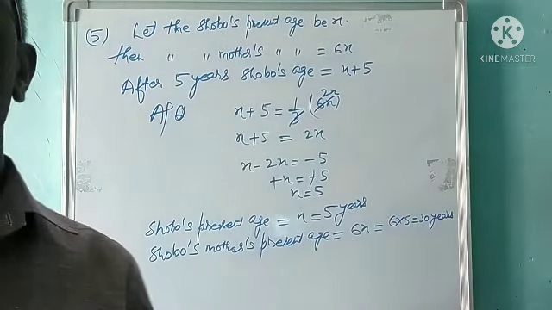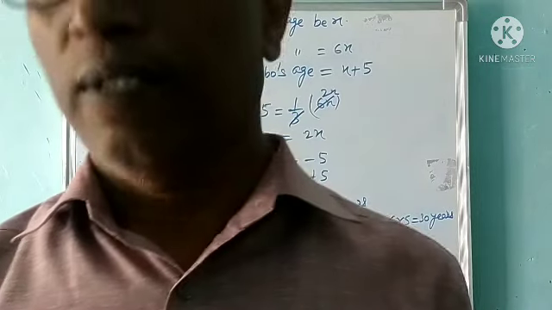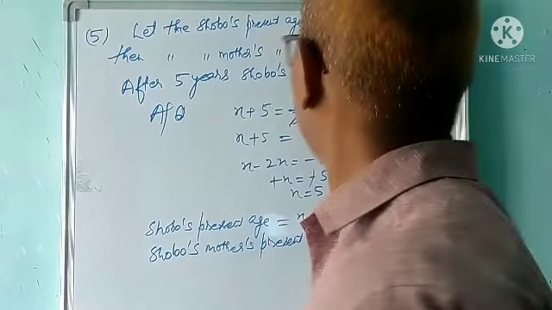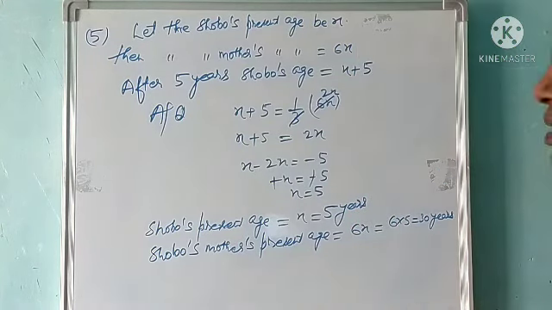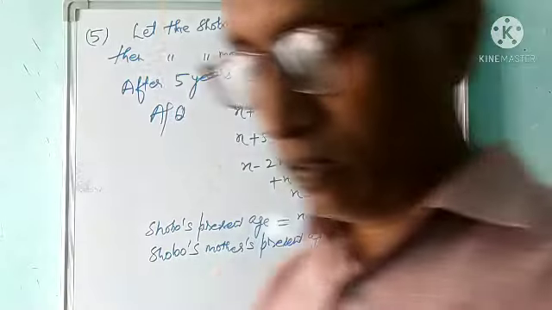These are your answers. Means Shobu's present age is 5 years and Shobu's mother's present age is 30 years.